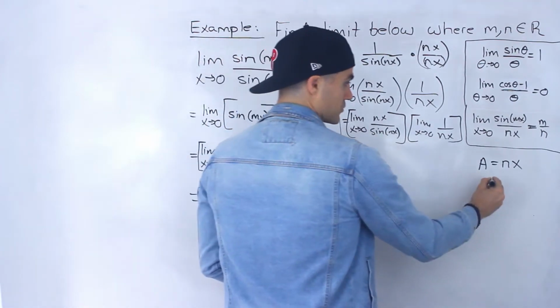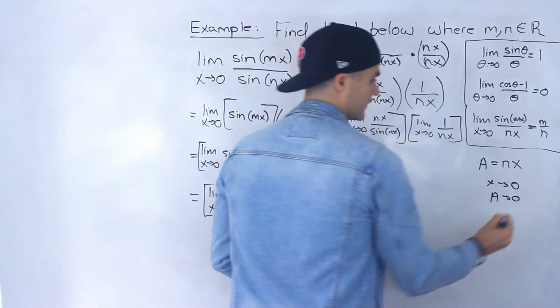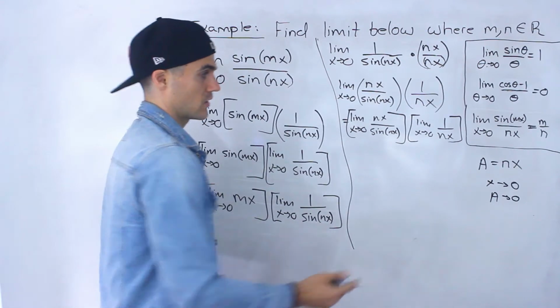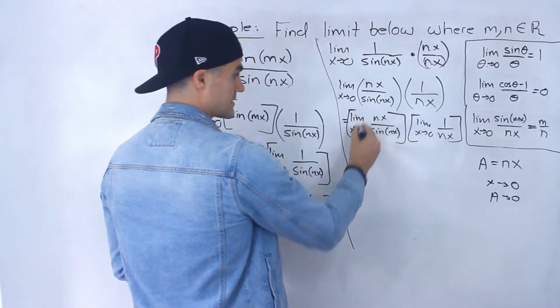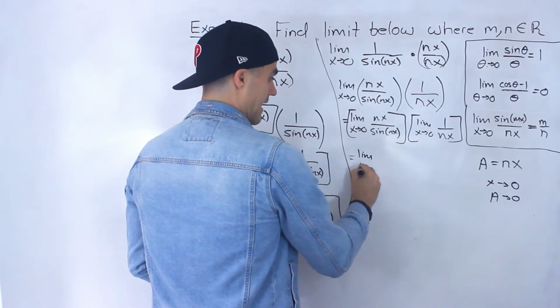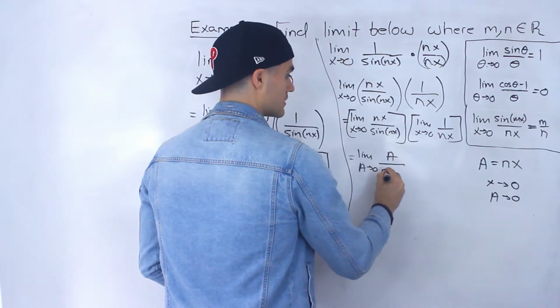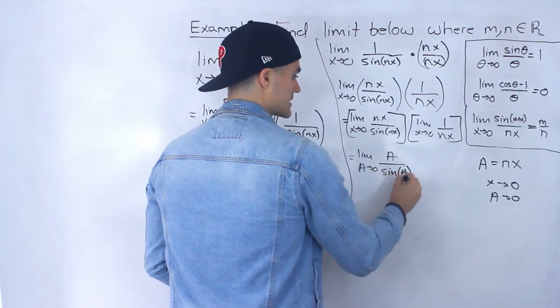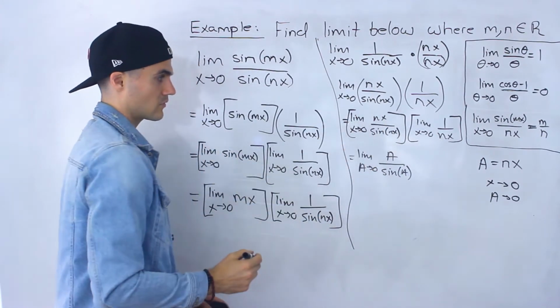So as x approaches 0, that's the same as a approaching 0 as well. As this x value approaches 0, this a value is going to approach 0. So we're going to rewrite this limit here as the limit as a approaches 0 of a over sine a, like that. So now I'm just working with this bracket on the side here.